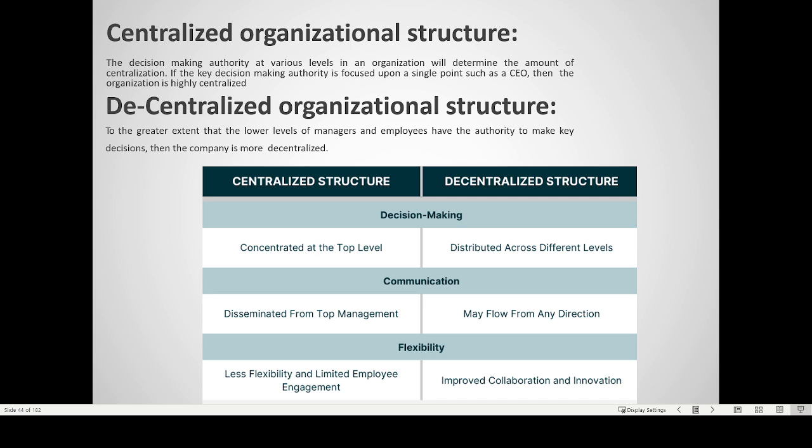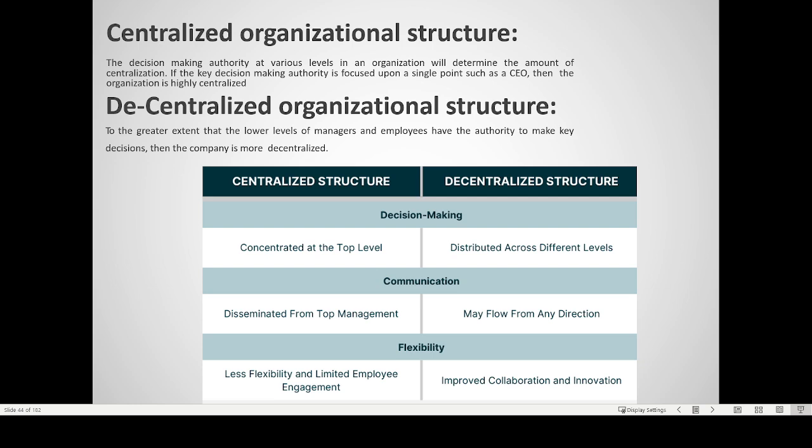Regarding decision making, I believe it's clear that the decision making is concentrated at the top level in the centralized. So in the centralized, the upper manager is making all or most of the decision making, while in the decentralized structure, the decision making is distributed across different levels, each at his specialty.